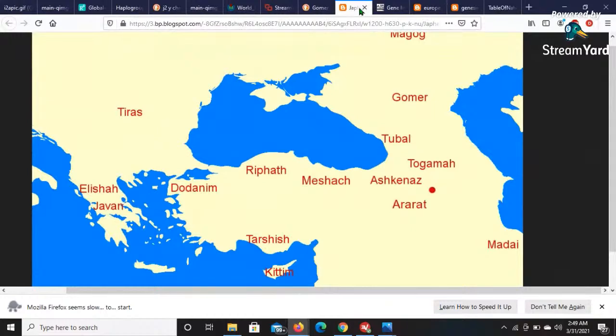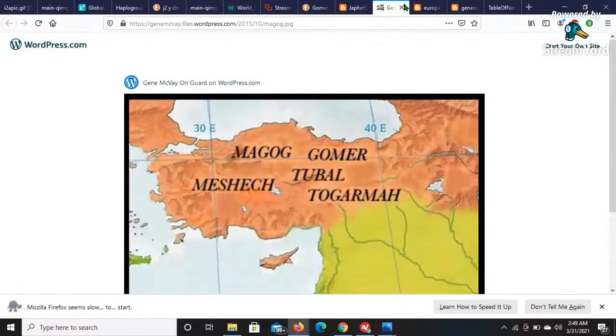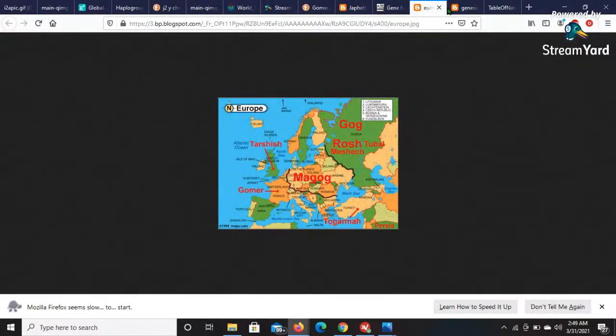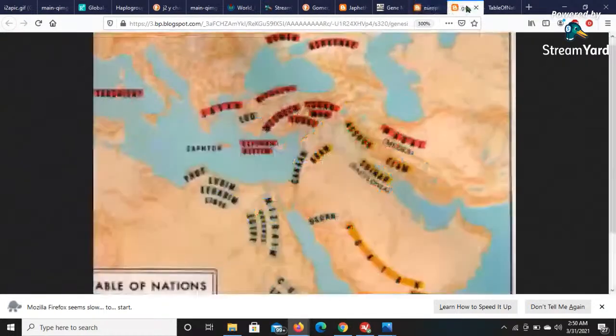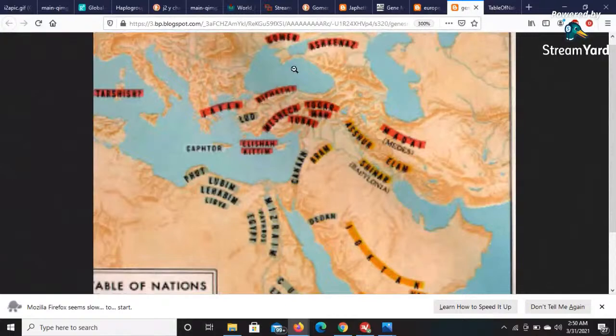So this is all wrong. They got people in France. This is all Semitic. This is not Asian. If this is the case, Europe would be all Asian, and that's not the case. So, of course, it started out this way, the Madai.